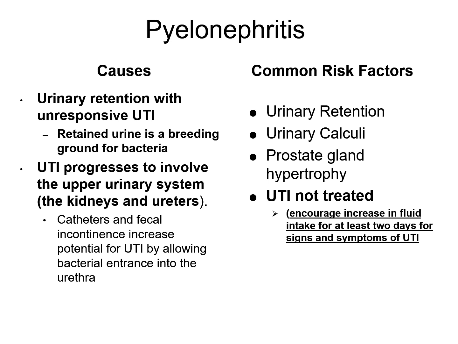Pyelonephritis occurs when a UTI progresses to involve the upper urinary system, and that would be your kidneys and your ureters. This can occur from catheters, from people who have fecal incontinence, because it's so close to the urethra. So this is a good way or bad way to get an infection.